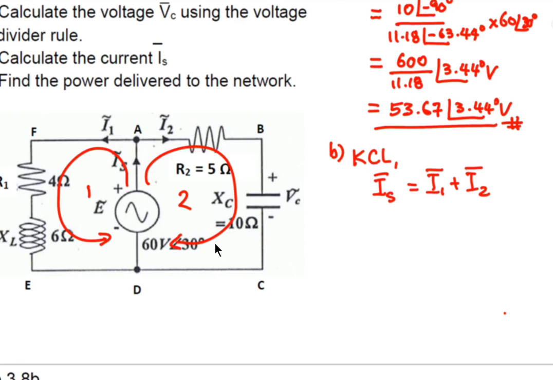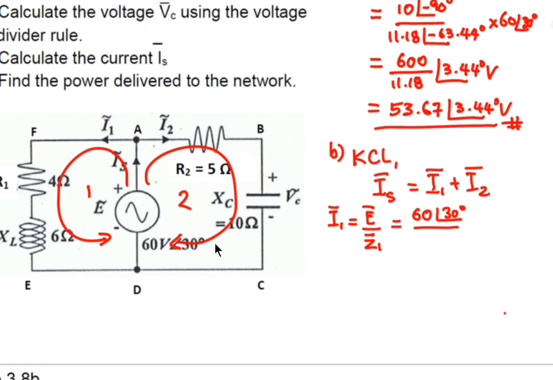So applying Ohm's law, I1 is equal to E divided by Z1. That's equal to, in polar version, 60 angle 30 degrees divided by Z1.